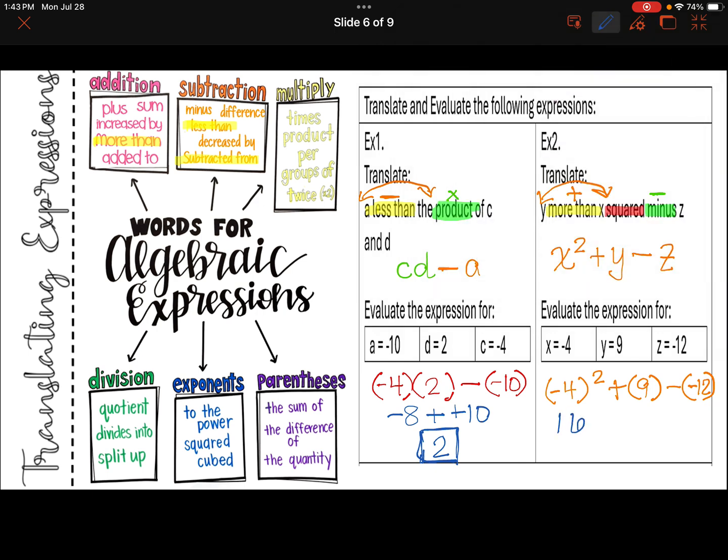I get 16 plus 9 minus a -12. 16 plus 9 is 25 minus a 12, keep, change. 25 plus 12 is 37 as my simplified answer.